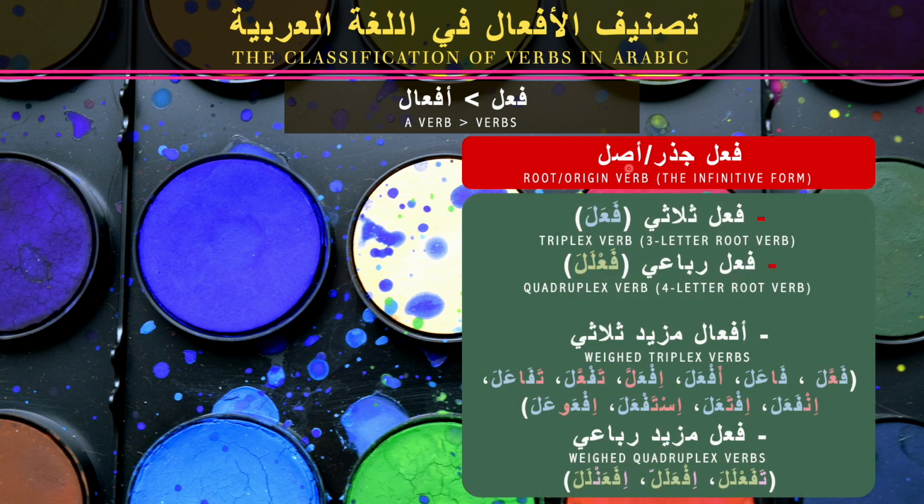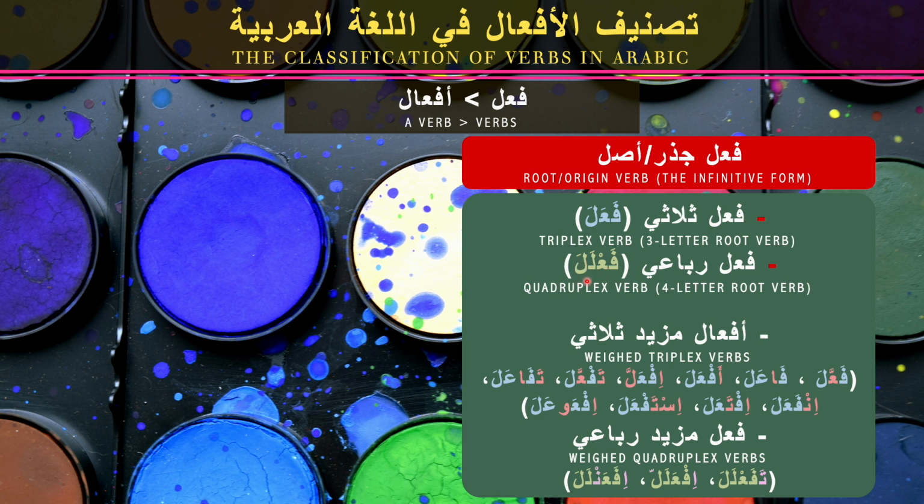So we have mainly two types of roots: فعل ثلاثي, and we put the weight of it فعل, so from فعل or verb, every letter is considered one letter in a verb. So this is the root of 3 letters, or 4-letter root verbs: فعل رباعي, and the weight of it is فعلل.